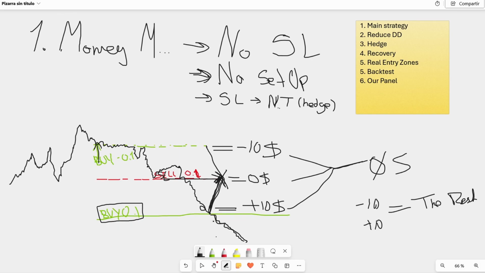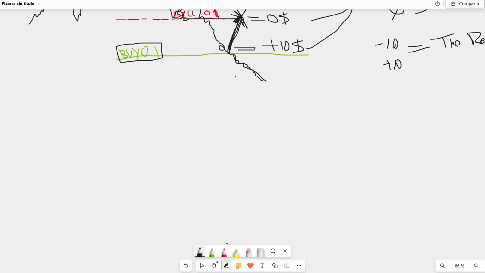So let's make a new chart, in the same scenario. Price is going down, and you make the buy trade over here. I'm going to put a green line, and then price is going down, let's suppose you lose money, and you sell over here.